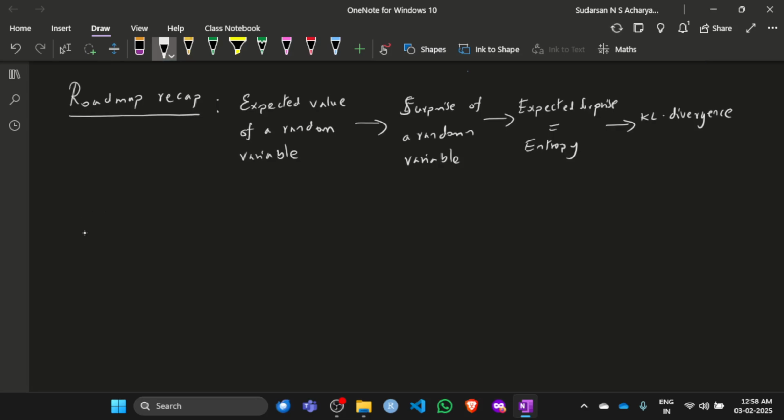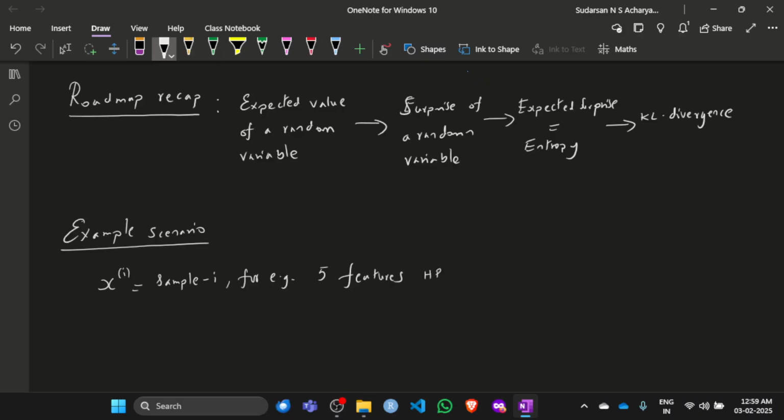Now, when you have a data set, let's take this example scenario where you have sample i. This may correspond to, for example, 5 features. The 5 features could be heart rate, blood pressure, temperature, sugar level, and the vitamin D levels, right?